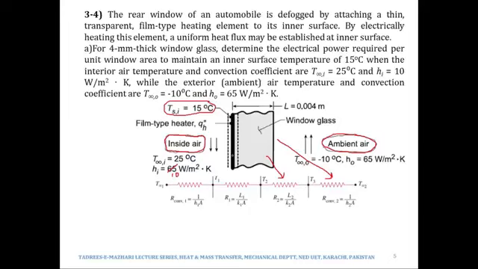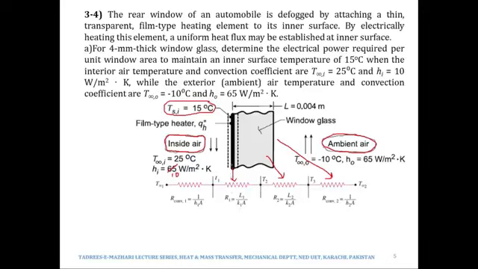So since we have attached a film type heating element to the inner surface, it will also offer conductive resistance, because it is some material, which would be delta x over kA or L over kA, where L or delta x is the thickness of the film type heating element, and k is the conductivity of that heating element.